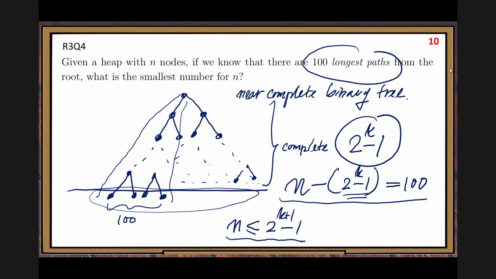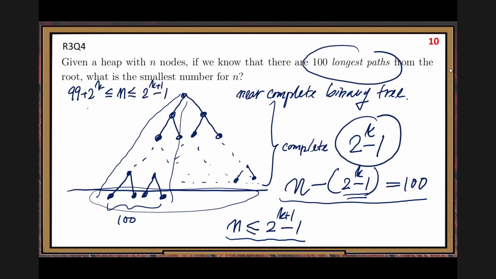Now, with these conditions, can you find the answer? n is greater than or equal to 100 plus that number, so that is 99 plus 2 to the k, less than or equal to 2 to the k plus 1 minus 1.